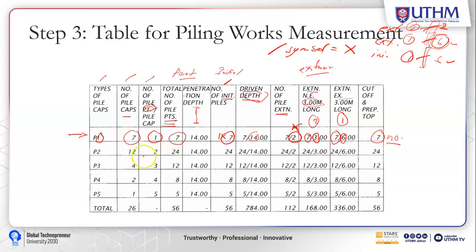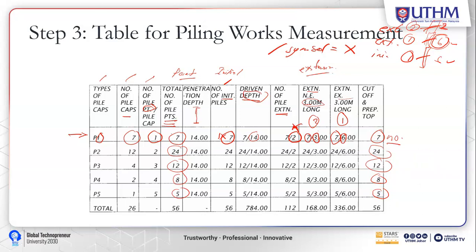If we look into the pile cap type P2, 24, they will be the same. P3, 12, we also have a cut off of 12. P4, 8, we also have 8. P5, 5 points, also indicates 5 cut off points.